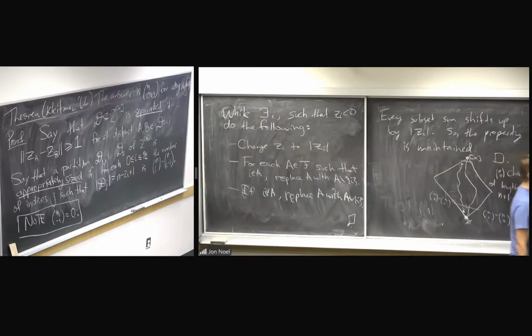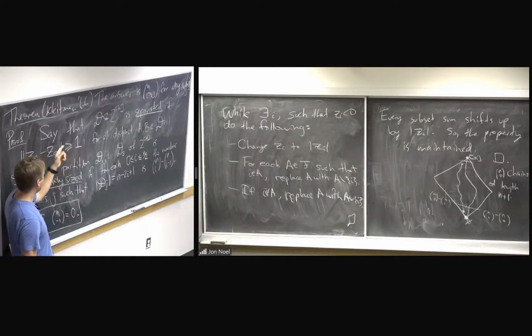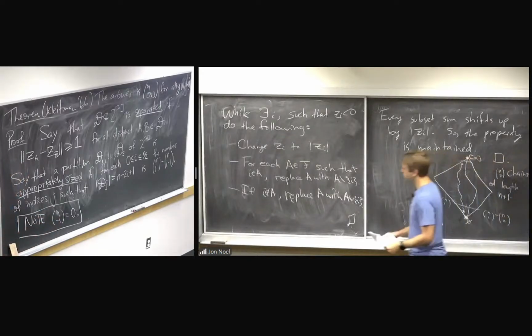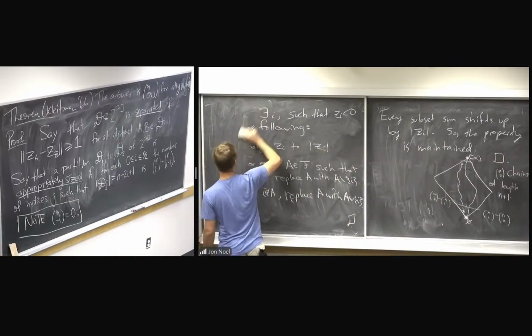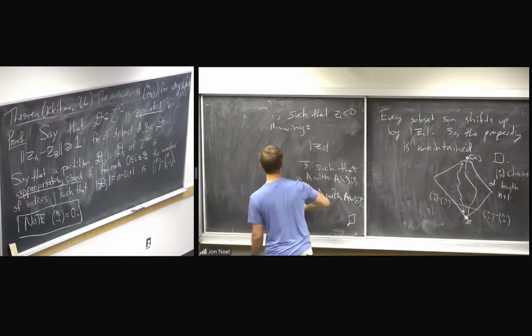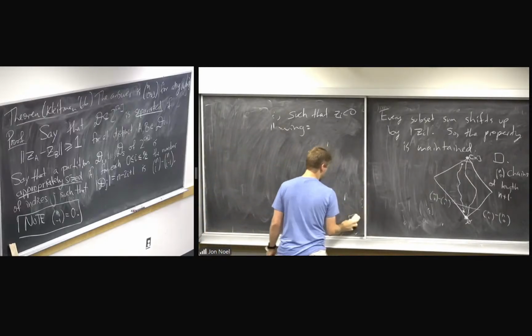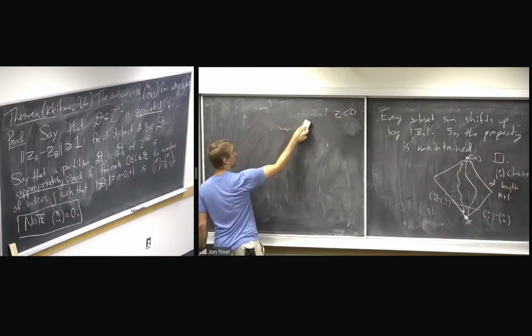So what we're going to try to do is find a partition of the power set into separated families, where the partition is appropriately sized. Maybe we should show that that's sufficient first: why would this work?